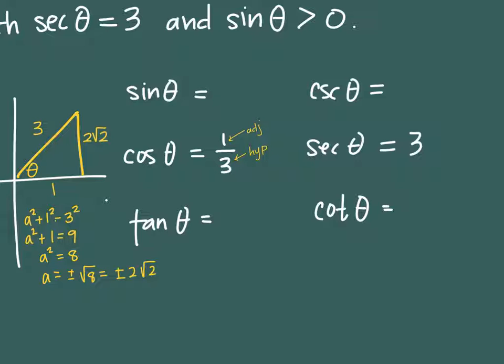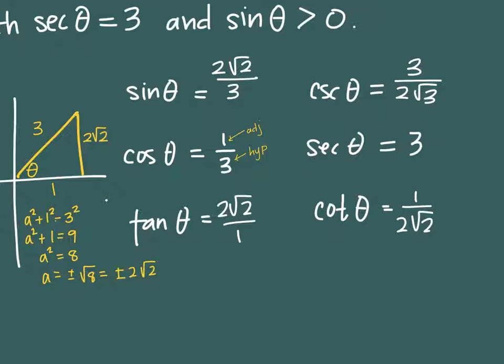So now I know that sine is going to be opposite, which turned out to be 2 rad 2 over hypotenuse, which is 3. And then cosecant is the reciprocal. And then tangent would be TOA, so the opposite, 2 rad 2 over the adjacent, which is 1. And so cotangent would be 1 over 2 rad 2.